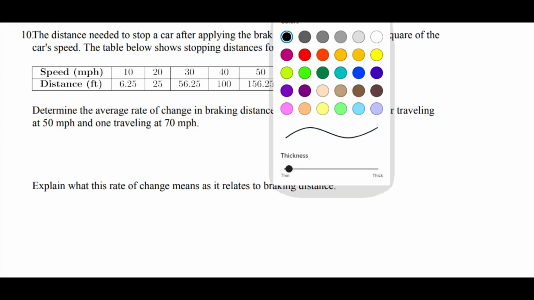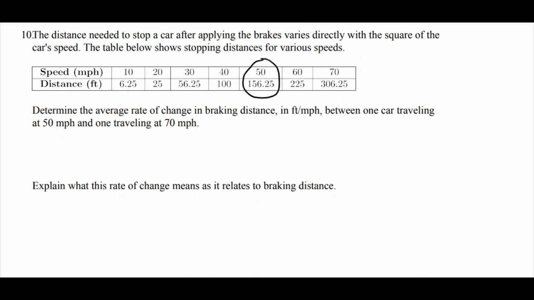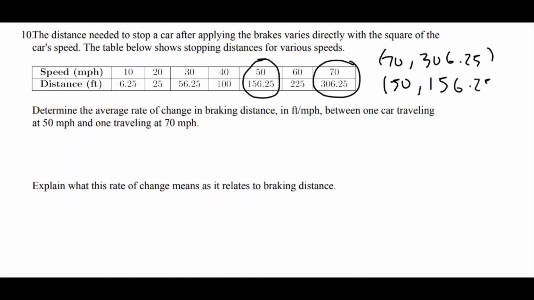So we see in this case that at 50 miles an hour, we're looking at this here, and 70 miles an hour for this information. So we see the average rate of change of braking distance in feet per miles per hour. When the speed is 70, we have 306.25 feet required to brake, while when the speed is 50 miles per hour, the distance needed to brake is 156.25.